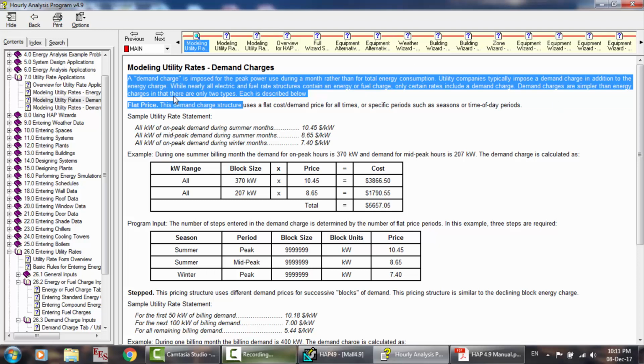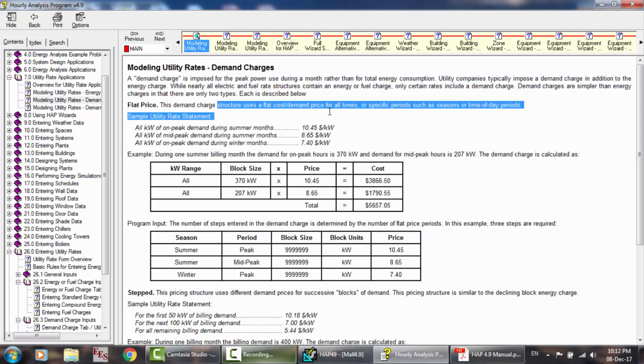While nearly all electric and fuel rate structures contain an energy or fuel charge, only certain rates include a demand charge. Demand charges are simpler than energy charges in that there are only two types. Each is described below. So, flat price: here the demand charge structure uses a flat cost for demand for all times or specific periods such as seasons or time of day periods.